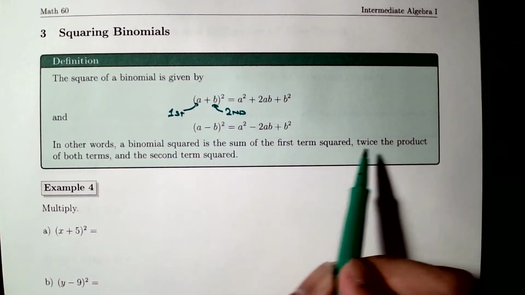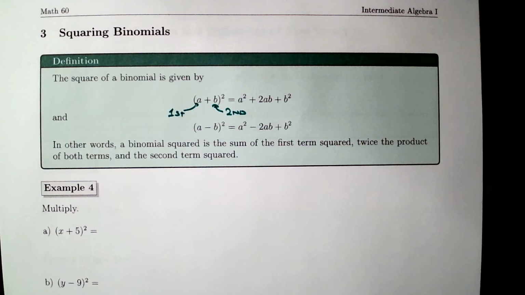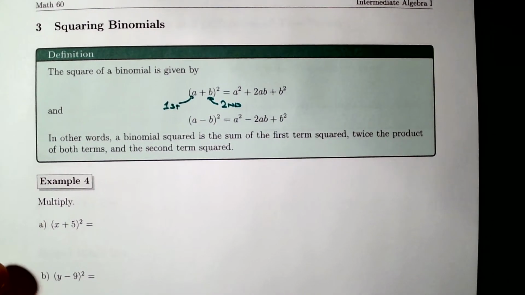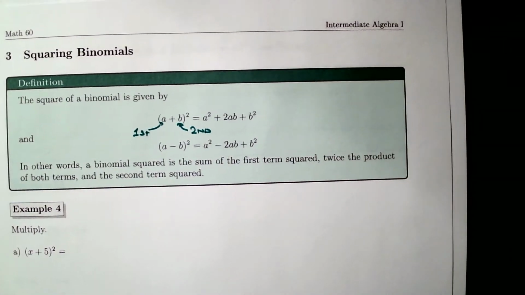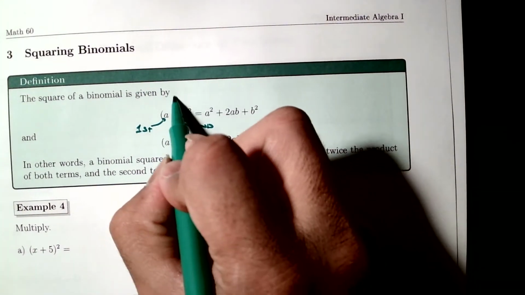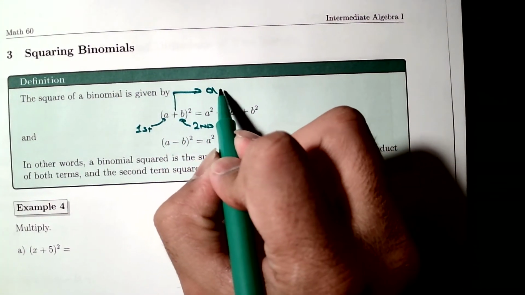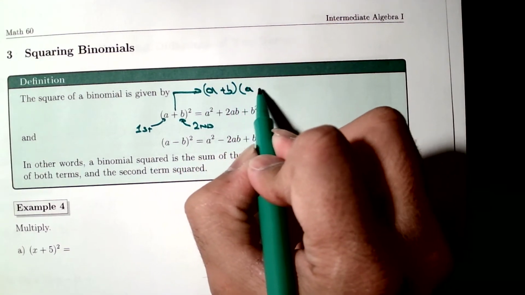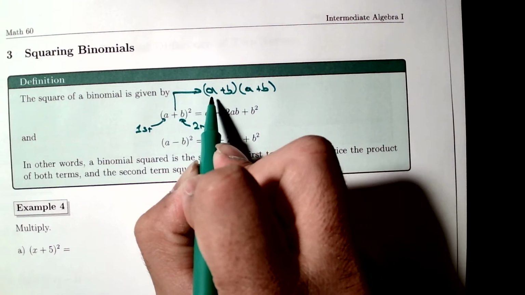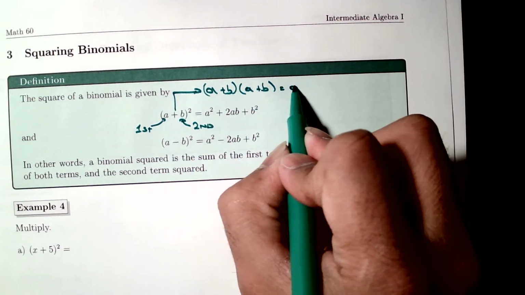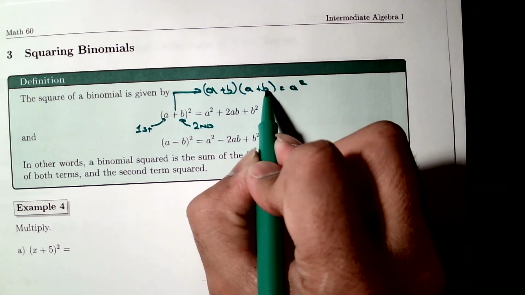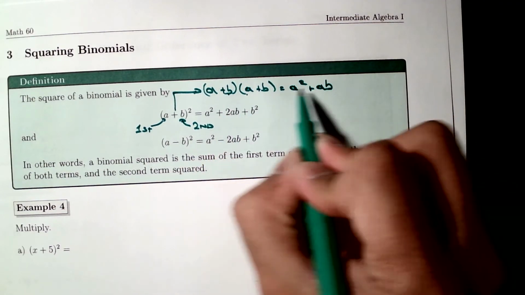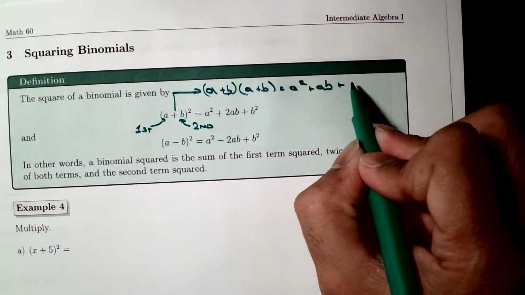And we have that in words over here. So let's see, where is this coming from? Well, pretty much a plus b squared is the same as a plus b times itself, a plus b. So in this case, a times a, that's a squared. A times b, that's ab. B times a, that's ba or ab.